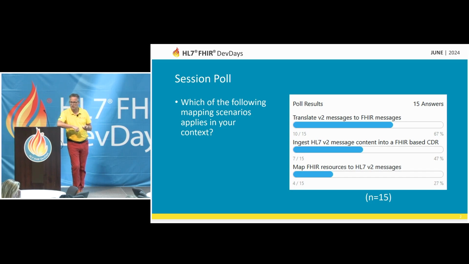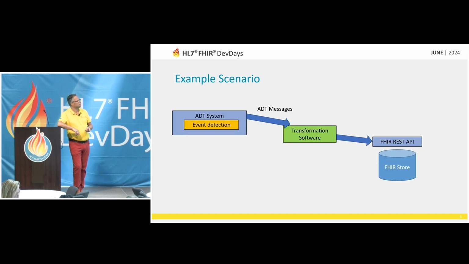Now, the focus here in this talk is on the second scenario. So the translation of version 2 message content to a CDR. Now let's take an example scenario that I will use to illustrate the difficulties and issues with these translations.